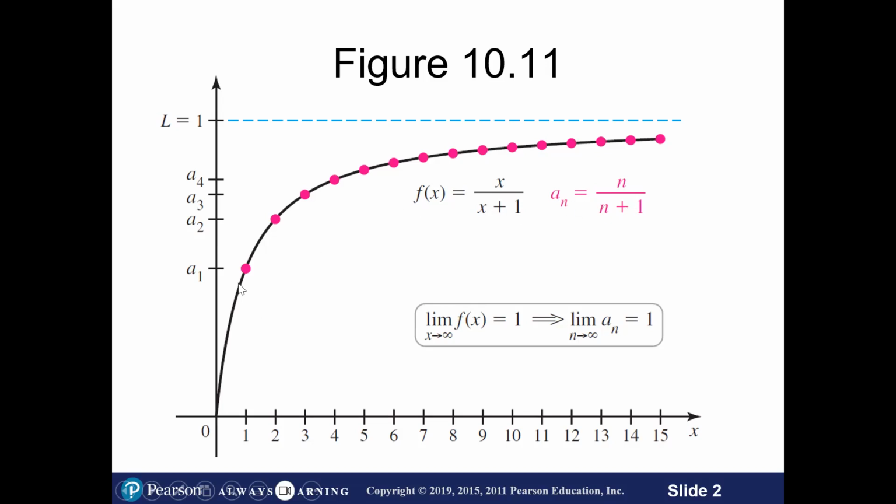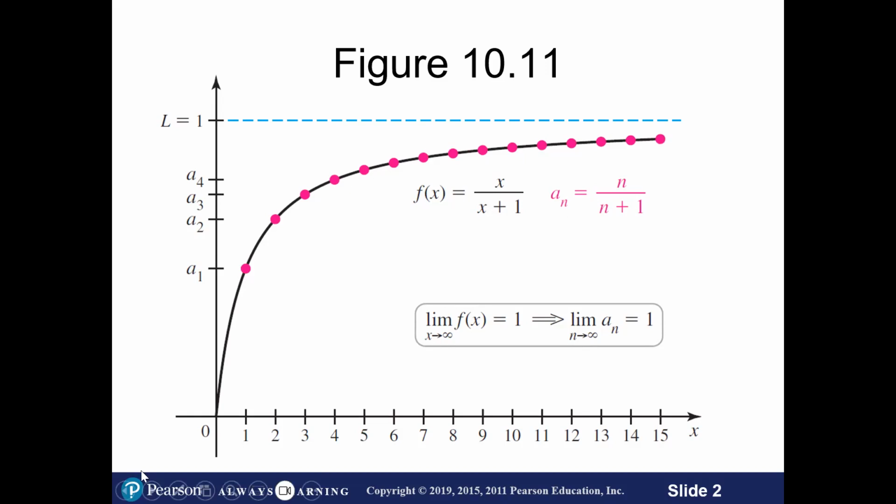Now that sequence occurs for integer values of n. So these are discrete values that we can see here. First, we've got a1 would be 1/2, and then we've got 2/3, and so on. So these red dots are the discrete values of the sequence.